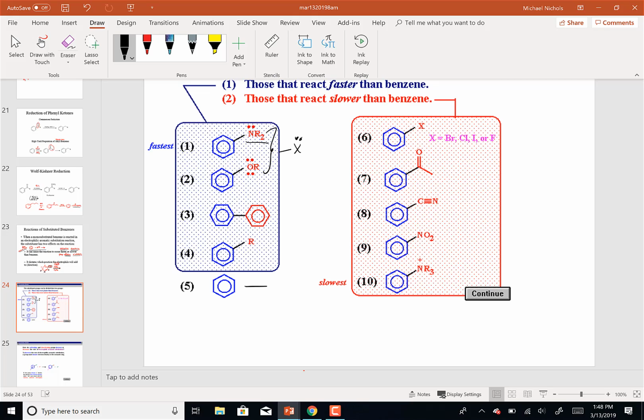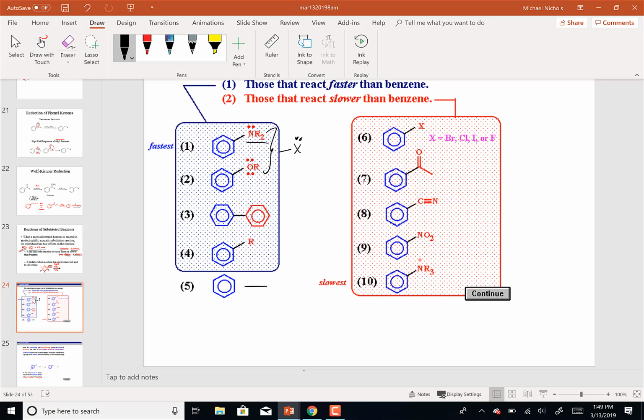On the other side, we have halogens and carbonyls. It doesn't matter what kind of carbonyl; I'm not going to be fussy. I don't care whether it's an aldehyde, ketone, etc. I'm just going to lump them all together. Then we have C triple bond N, which is a cyano group or a nitrile group. Then we have our NO2 group. And then we have an N plus with an R3.